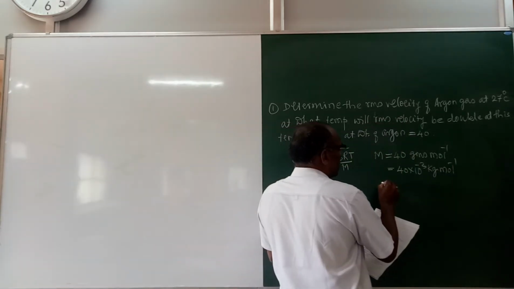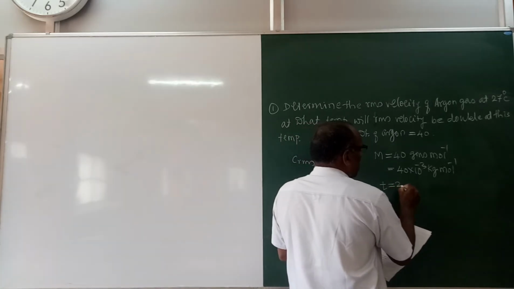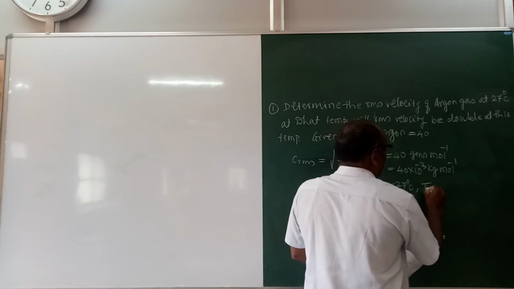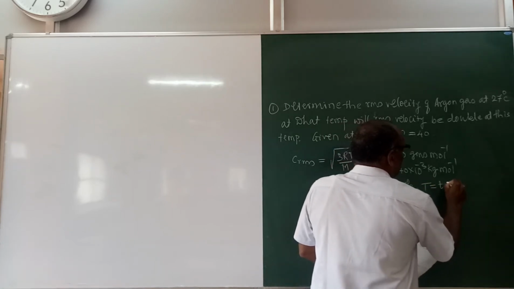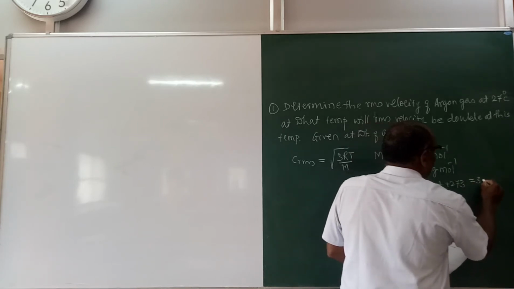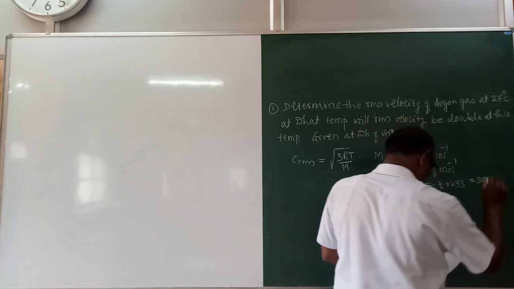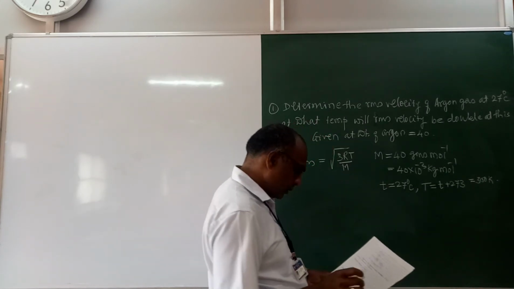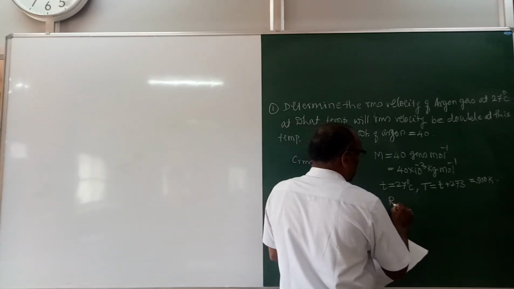Temperature small t is given, that is 27 degrees centigrade. Capital T will be small t plus 273, and this will be 300 Kelvin. It is in Kelvin. R, the gas constant, you must be knowing this, then we are not giving.